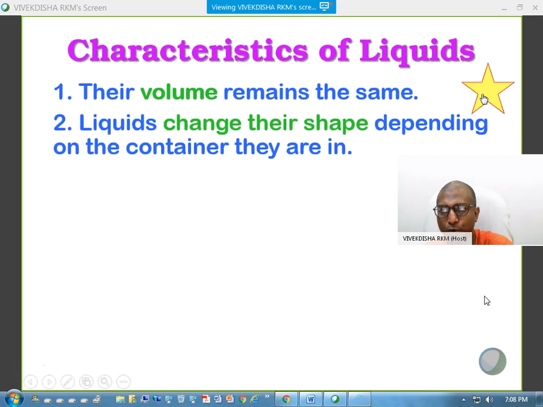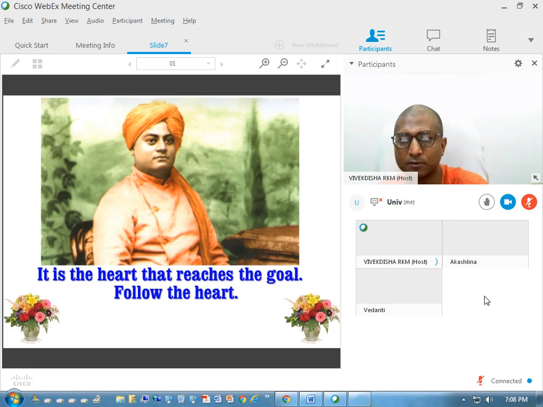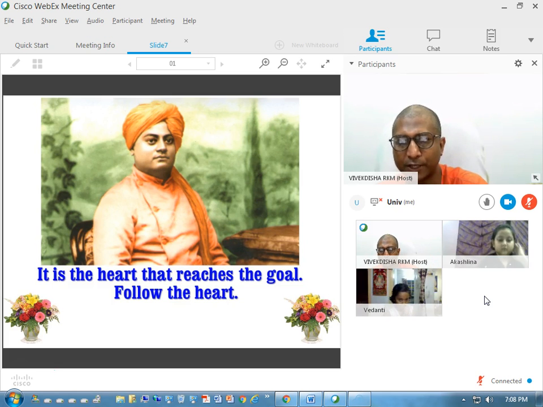Now I would like to show you a video clip to understand further characteristics of liquid. Try to observe it and get an idea of what the characteristics of liquid are.